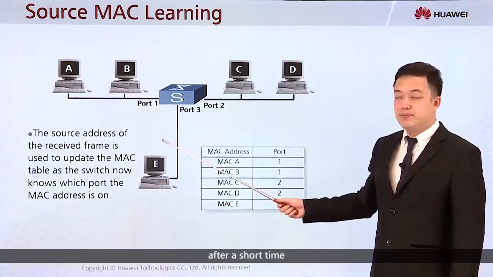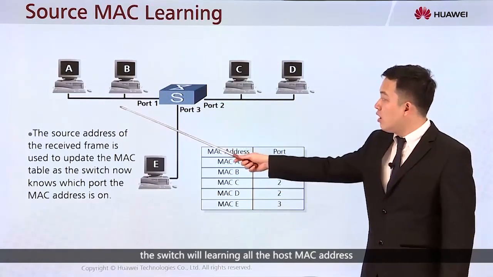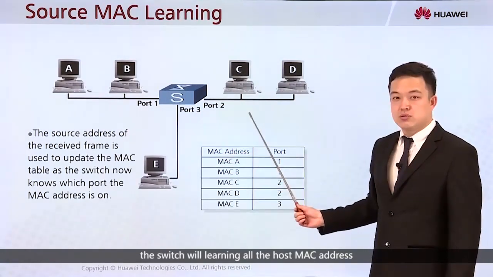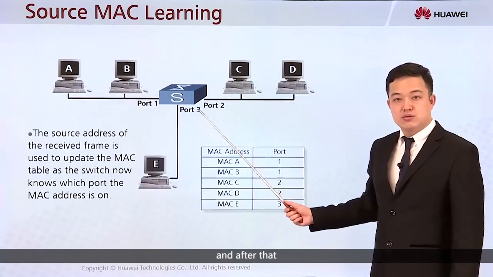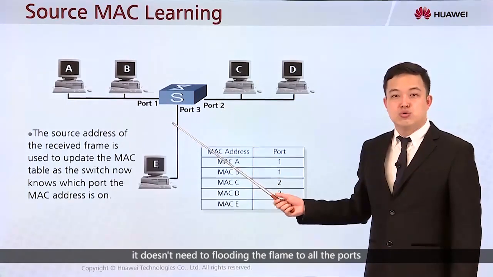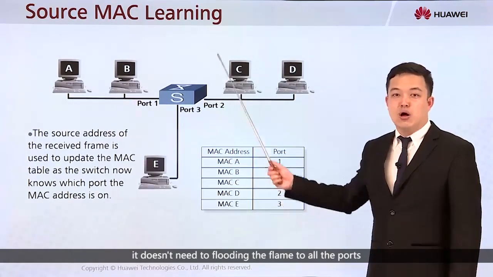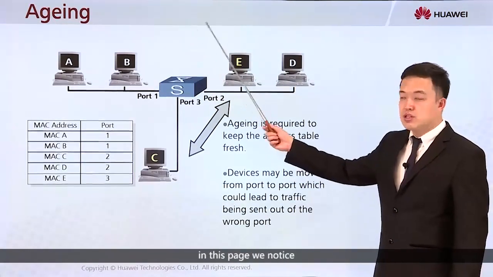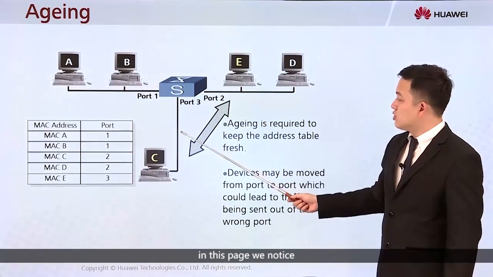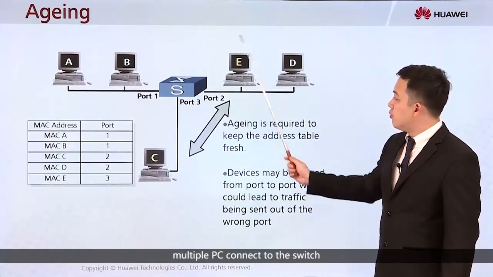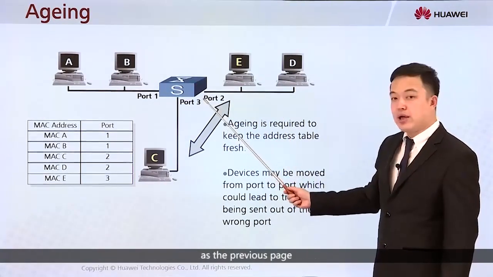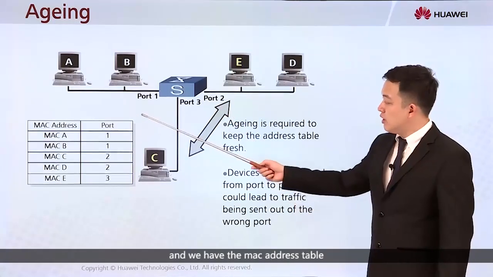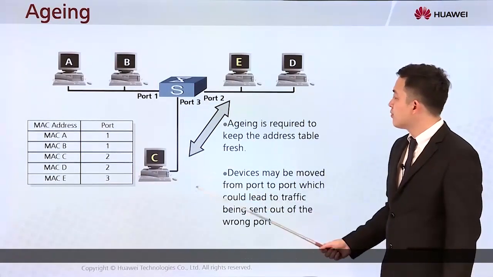After a short time, the switch will learn all the host MAC addresses, and after that, it no longer needs to flood the frames to all the ports. Next is aging. On this page, we see multiple PCs connected to the switch as on the previous page, and we have the MAC address table.